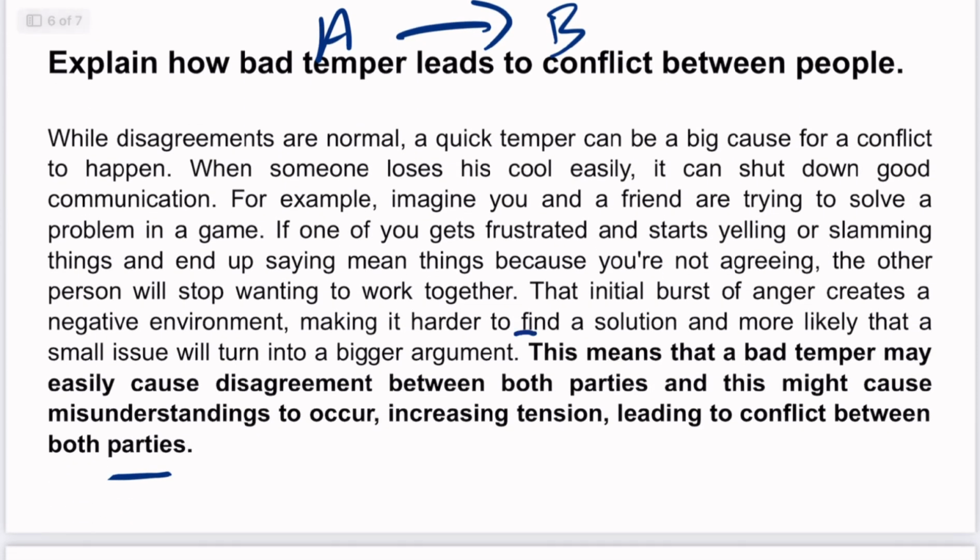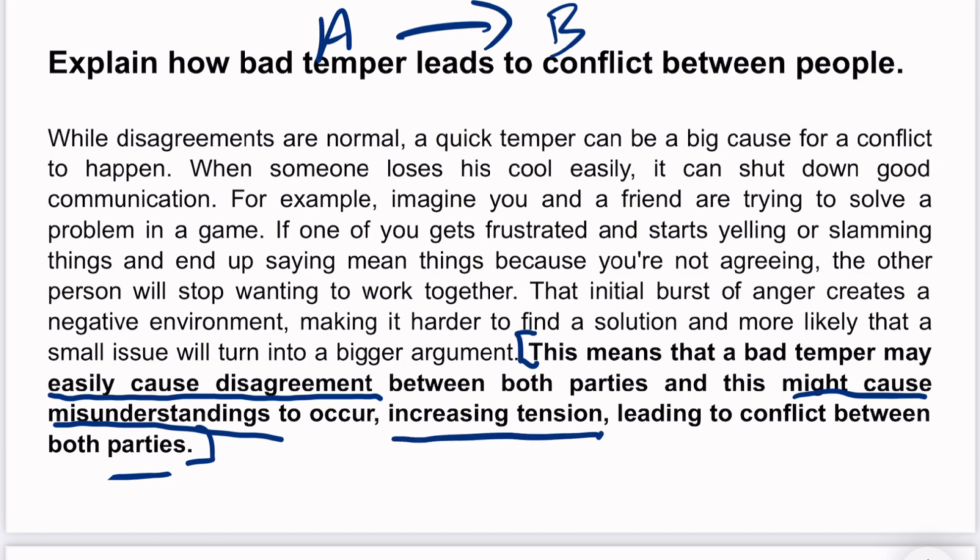If we take a look at what is being bolded, you can see that we talk about the idea of bad temper may easily cause disagreement. So bad temper, the first step in the process, causes disagreement, and it might cause misunderstanding. So disagreement will lead to misunderstanding, which will increase tension, and it will eventually lead to conflict.